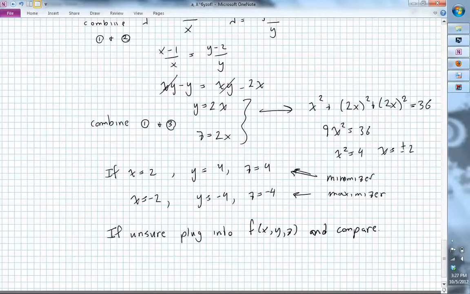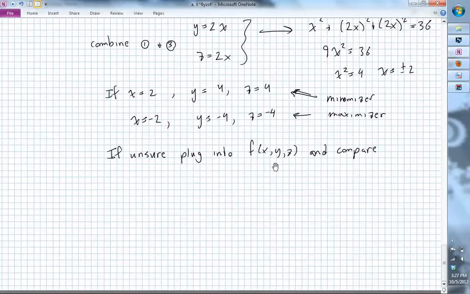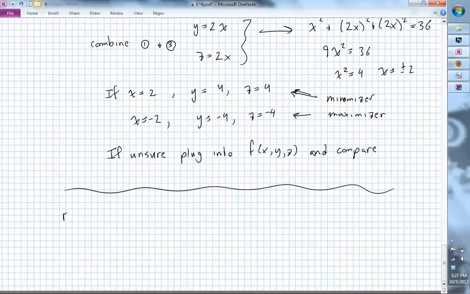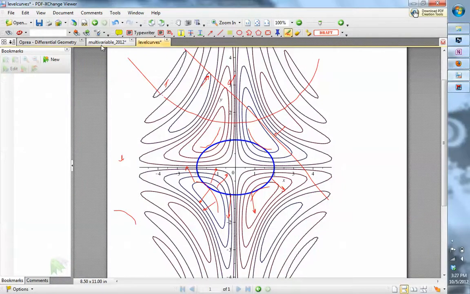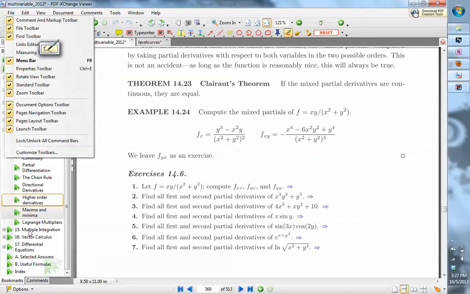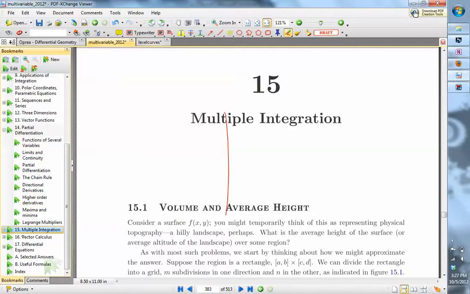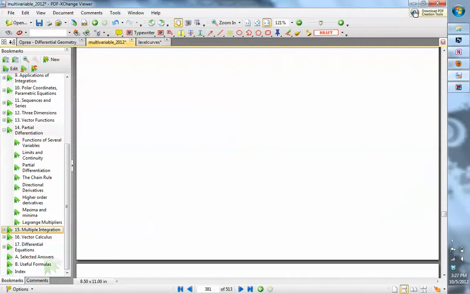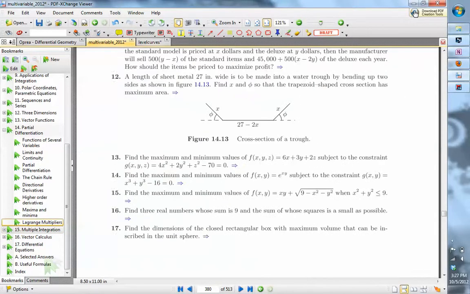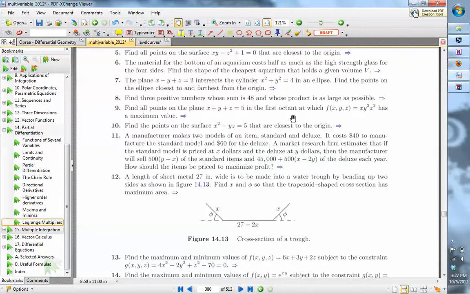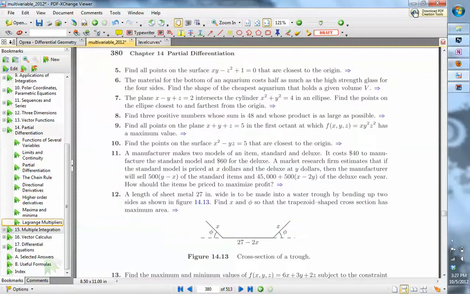Okay, I'm going to finish up with a slightly wordier word problem. It's an exercise from the book. Number 6.